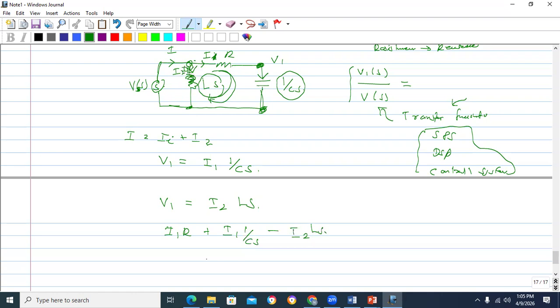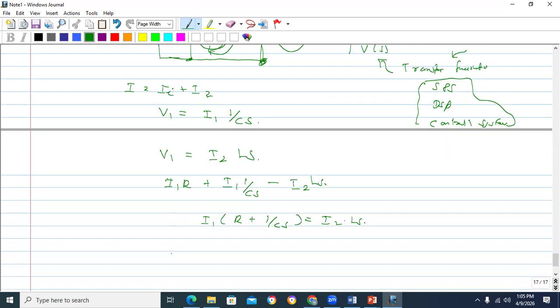So you can get the relationship between I1 and I2: I1 R plus 1 over Cs is equal to I2 into Ls.